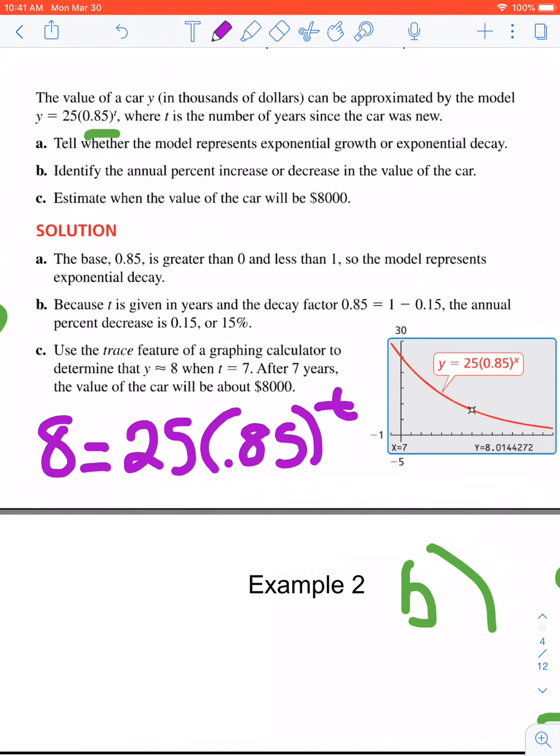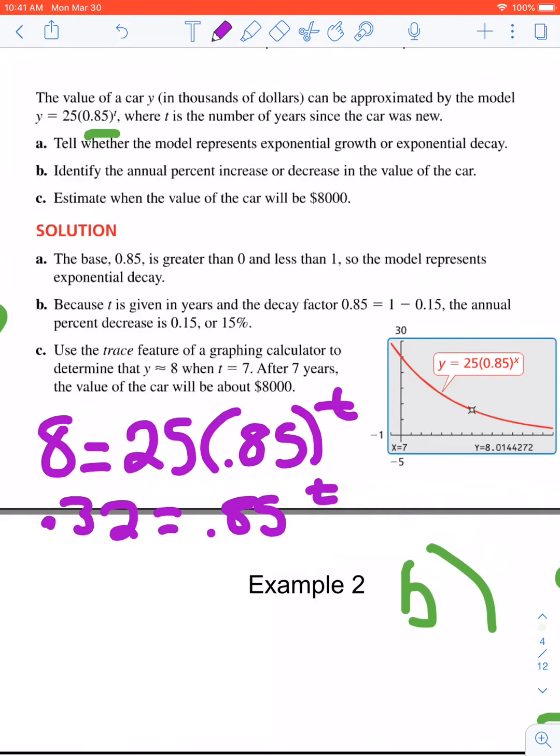So what I'm going to do from there is divide both sides by 25. When I divide both sides by 25, I do 8 divided by 25, and I get as a decimal, let's try to keep that as a decimal, not as fractions, 0.32. So I get 0.32 equals 0.85 to the t.